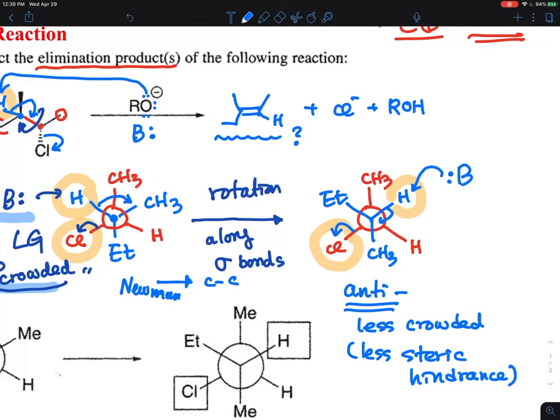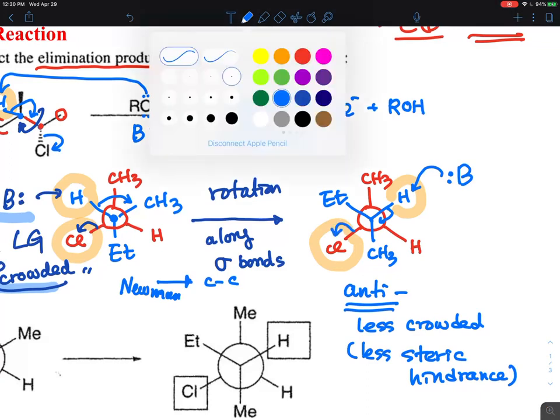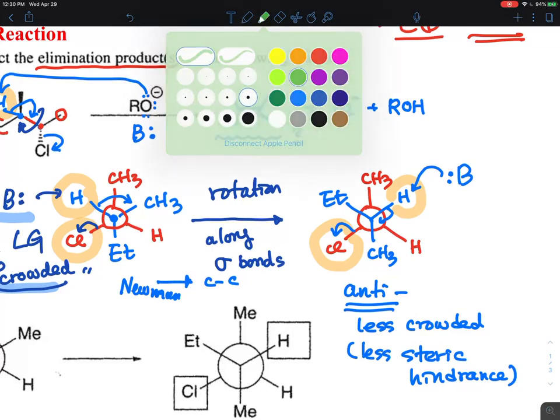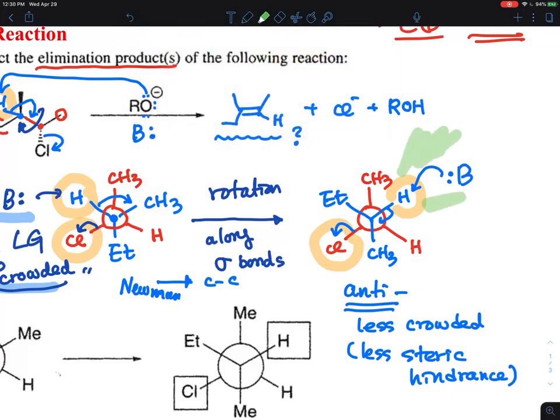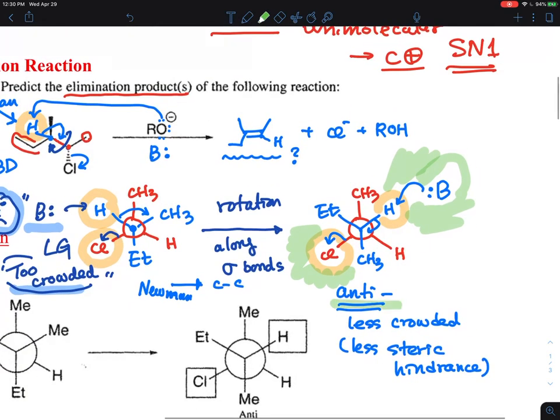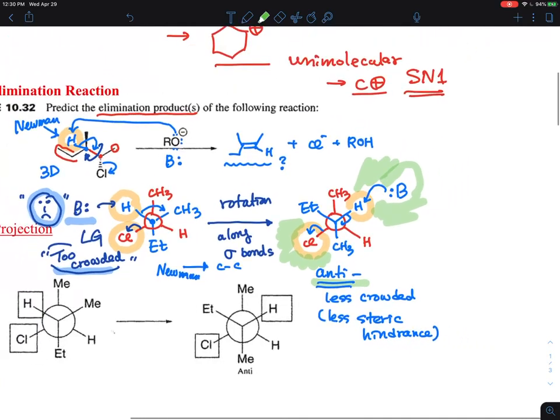So the action, let me be a little quote-unquote artistic, on this side, the approaching side, and the leaving side are separate from each other, right? Therefore, this is what they call anti, and that's the one that they prefer.